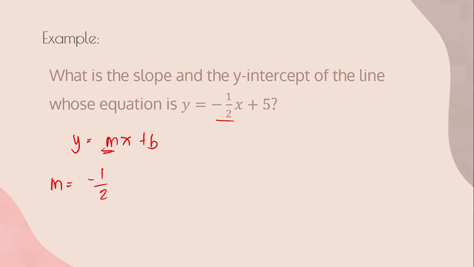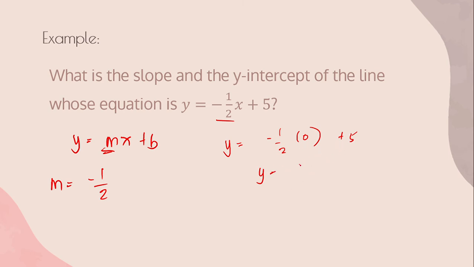And then you were asked by the question, what is the y-intercept of the line? As you can recall, how are we going to look for the y-intercept? We're going to make the value of x 0. So if we substitute 0 to all x's in the equation, that would be y is equal to negative 1/2 times 0 plus 5. 0 times negative 1/2 would be equal to 0.